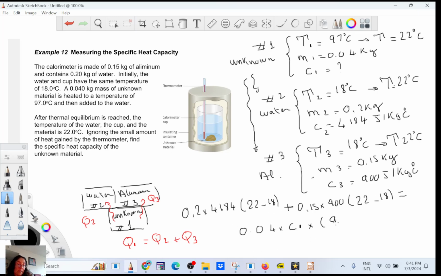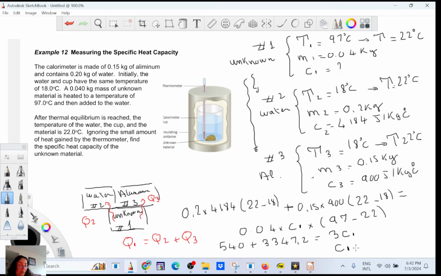So I'm going to put here 97 minus 22. Okay, so it's easier than before. The algebra is easier because I want to solve for C1. Okay, so if I do the math, that's going to be 540 plus this quantity here is going to be 3000, okay, equals 3 times C1.